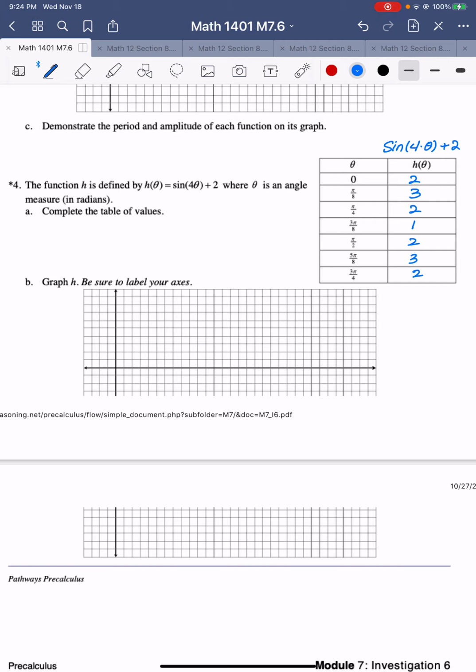Okay, so those are the values. All right, graph the h function. Be sure to label your axes. On the horizontal axis I put theta, and then I put h of theta, which is the vertical distance.